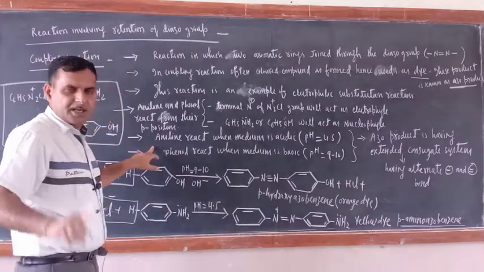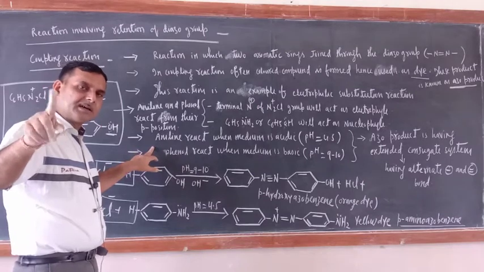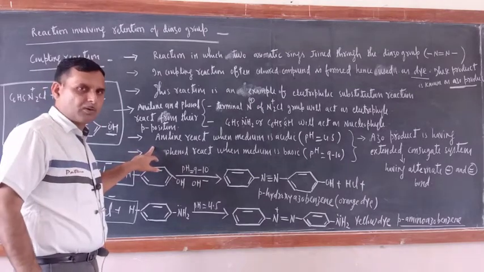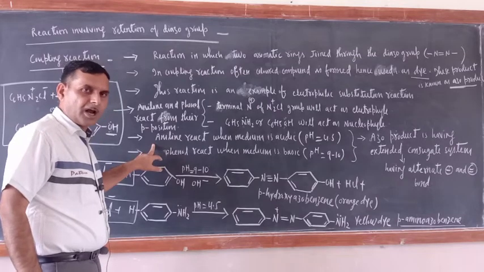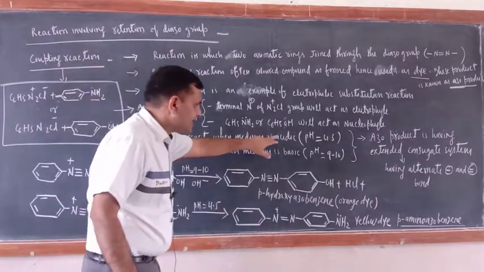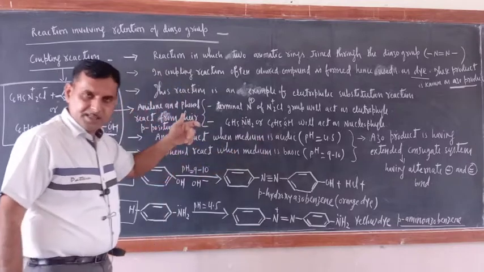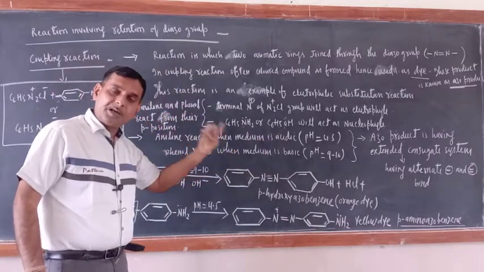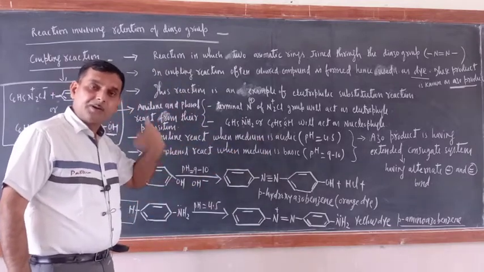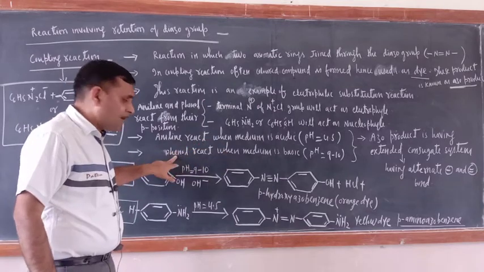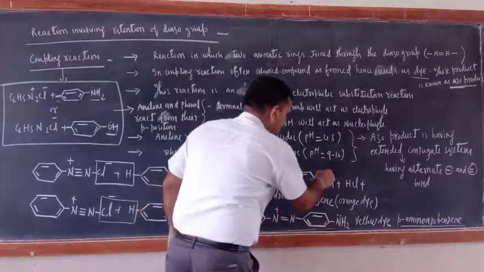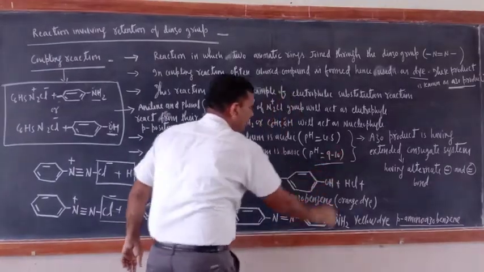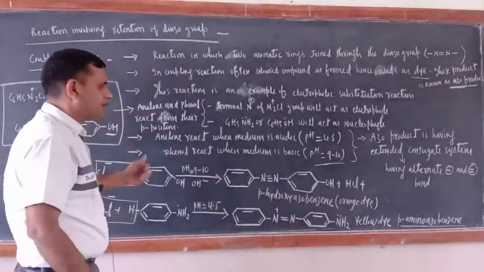One more thing: as you know, aniline is a basic compound due to the presence of a lone pair of electrons. So when it reacts with benzene diazonium chloride, the medium should be acidic. Reverse: basic compound, medium acidic; acidic compound, medium should be basic. But when phenol reacts with benzene diazonium chloride, pH should be 9 to 10, means the medium should be basic.